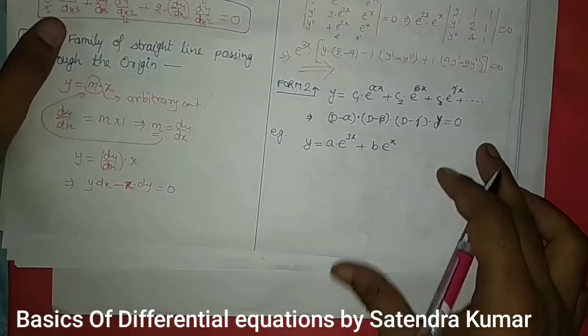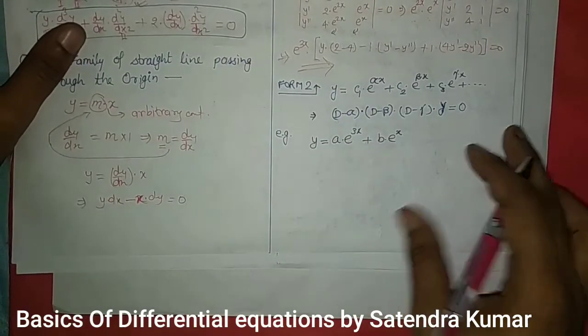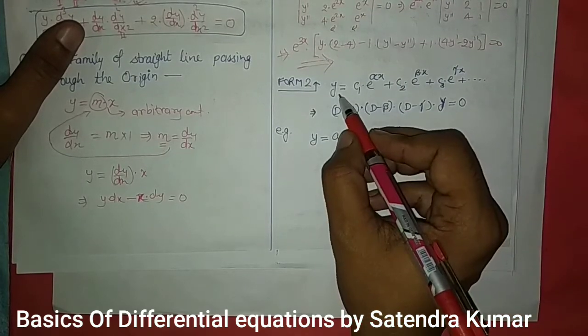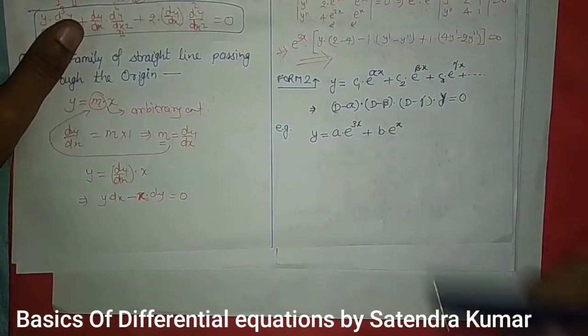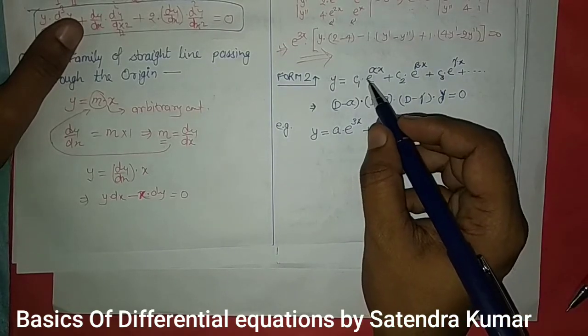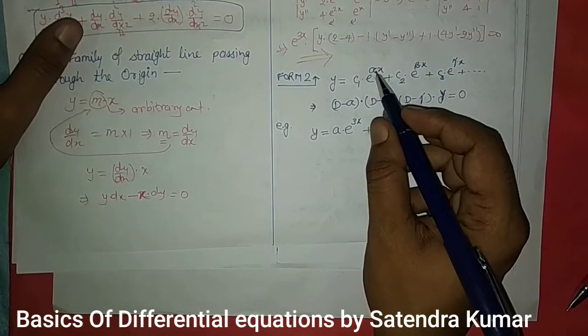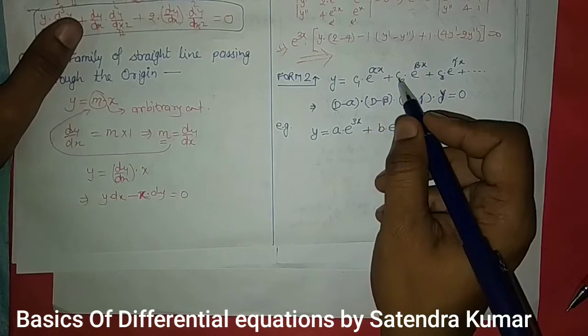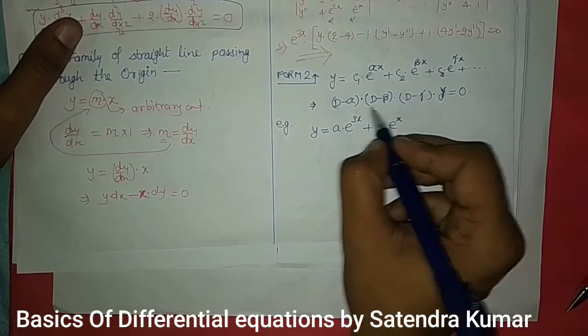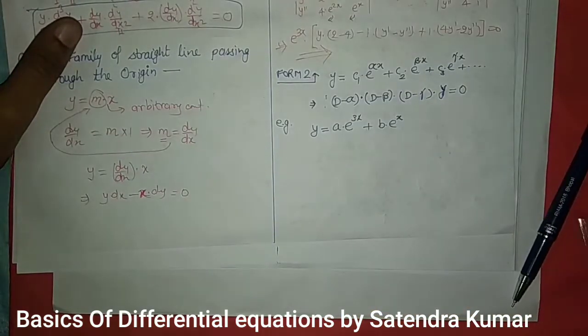And the second form is the best result. If the differential equation is of the form y is equal to c1, that is some constant, into the exponent e to the power alpha x, plus c2 e to the power beta x, like so. So this is the result, simple.